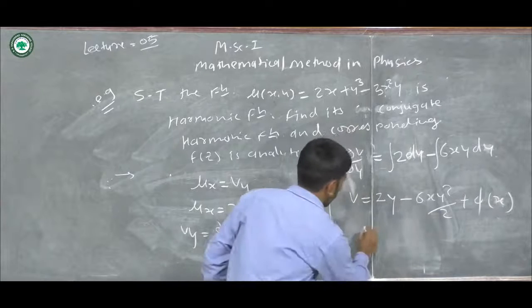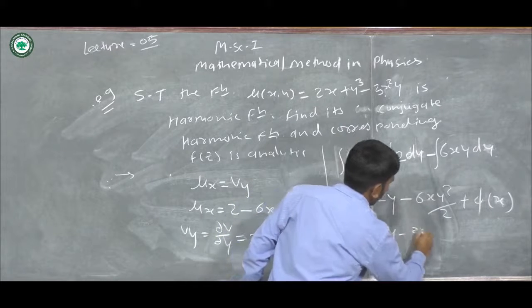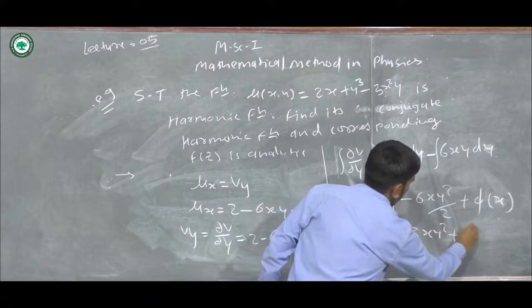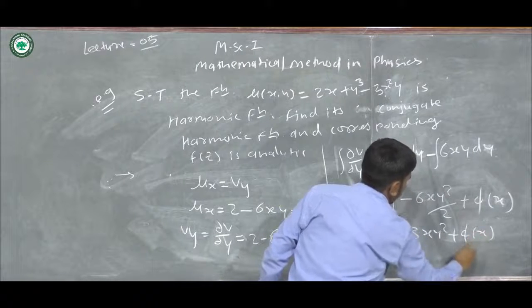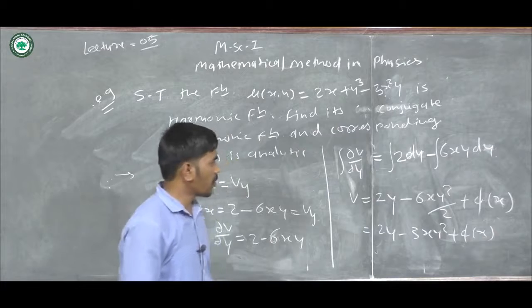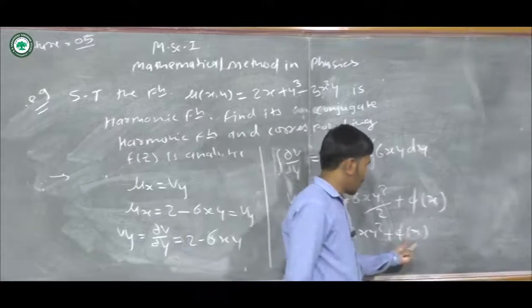So we can rewrite it as 2y minus 3x y square plus phi of x. This phi of x is an arbitrary function of x.